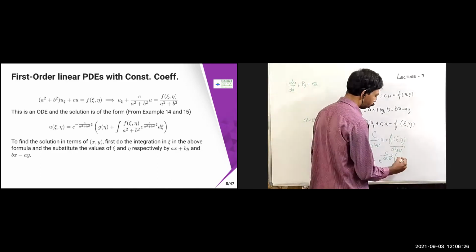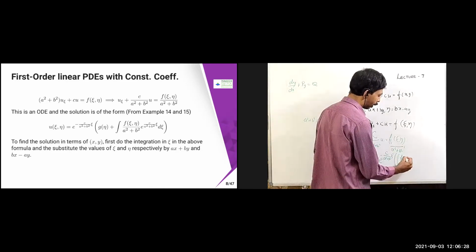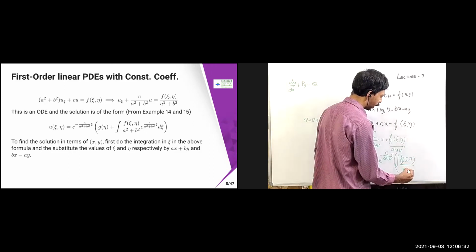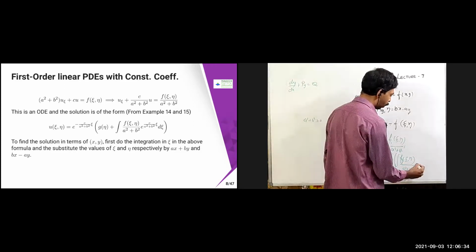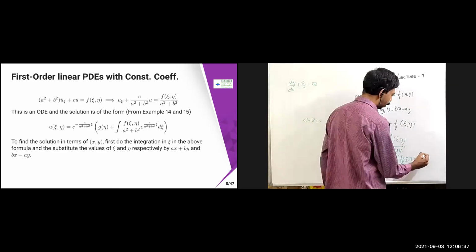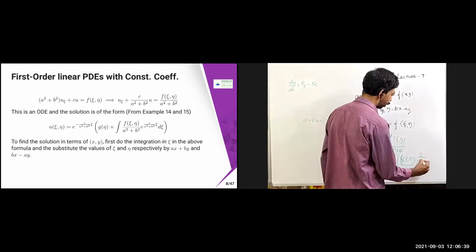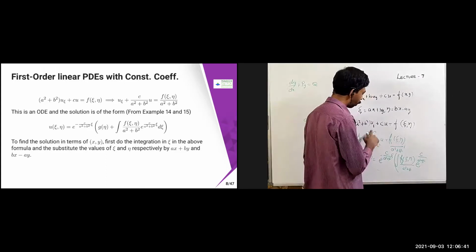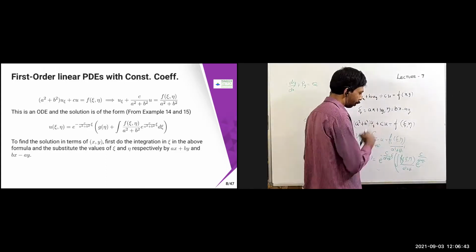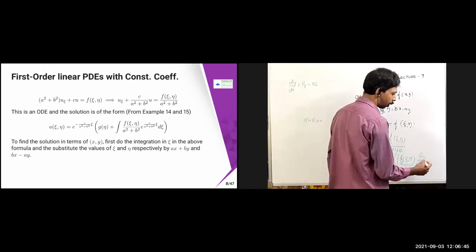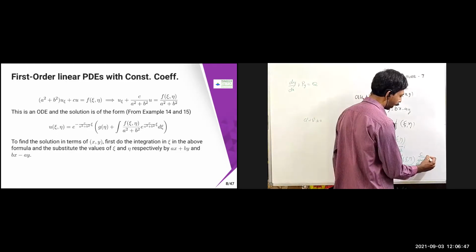Q is nothing but f of chi comma eta by a square plus b square, into e power c by a square plus b square chi, d chi. Here p is already there, and these are all constants only.